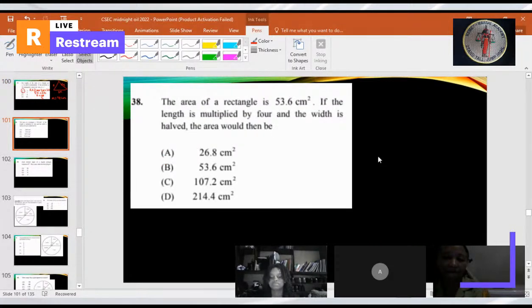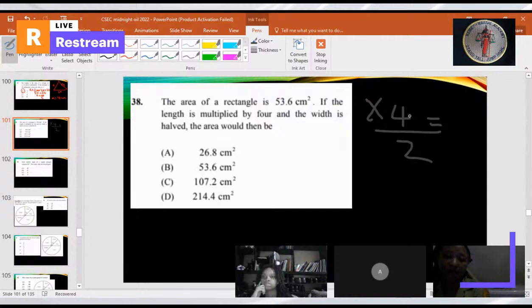The area of a rectangle is 53.6 centimeters squared. If the length is multiplied by 4 and the width is halved, the area would then be? So we multiply 53.6 centimeters squared by 4 and then divide it by 2.